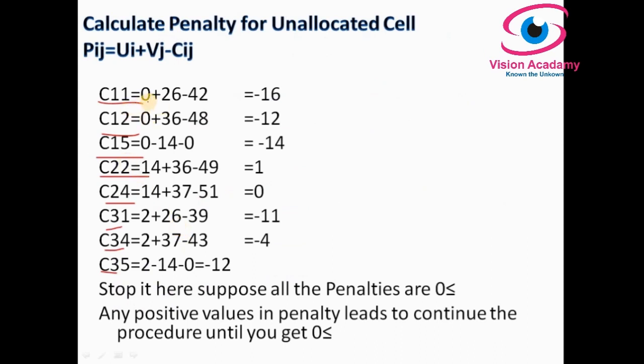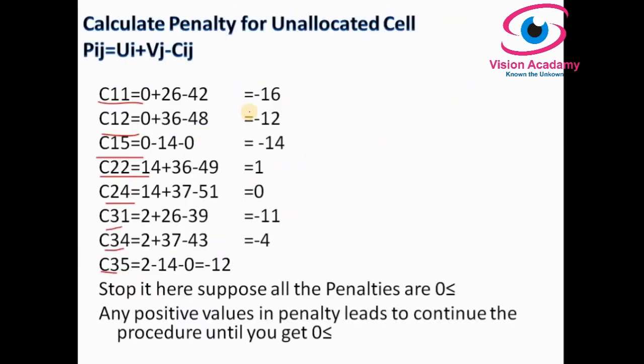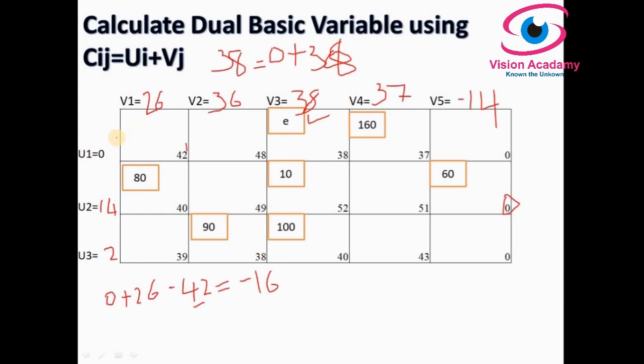So Ui is 0, Vj is 26, minus Cij is 42. So for C11 the penalty is minus 16. Let's look into the second one. C12, this U1 is 0, V2 is 36, and Cij is 48.